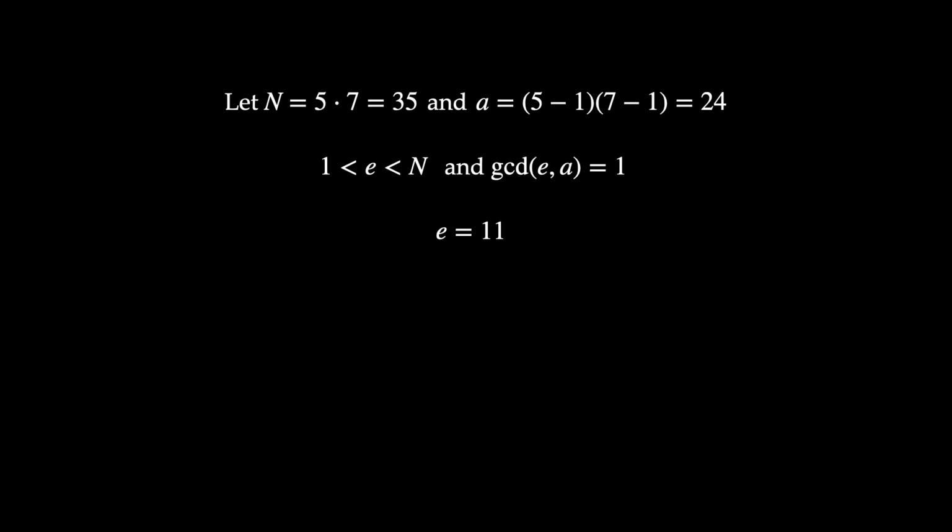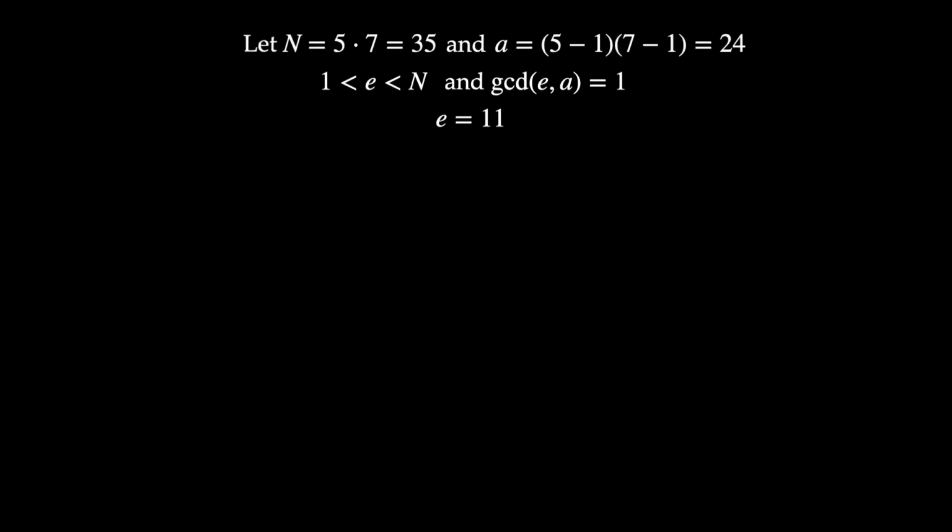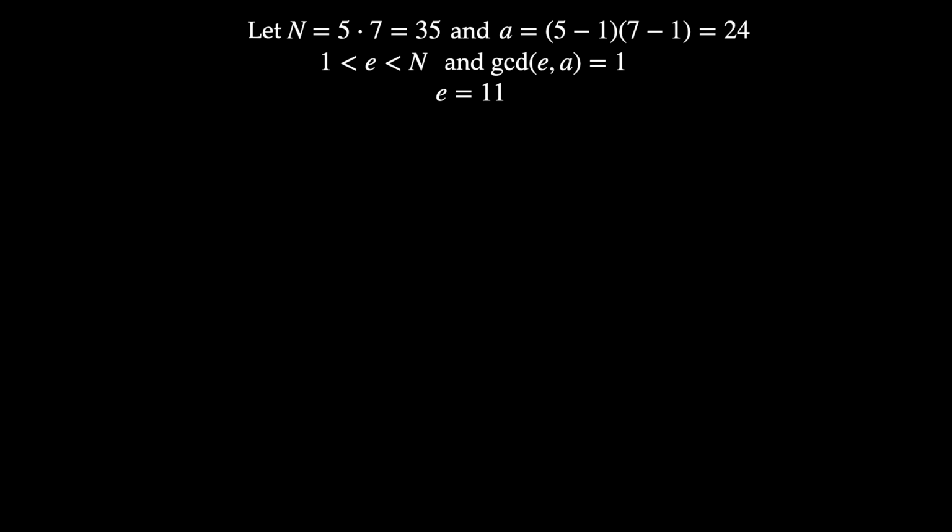So this number e and n will be our public key. This information is public, e and n, and we can send this to the work email and the boss can see it. But we have to keep a private.